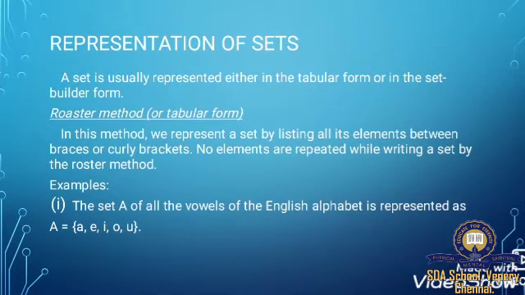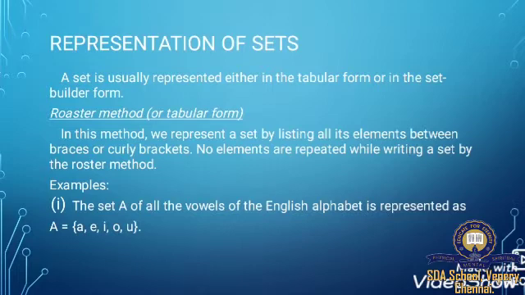Next, we move on to the representation of sets. A set is usually represented either in the tabular form or in the set builder form. The tabular form is otherwise known as the roster method. In this method, we represent a set by listing all its elements between curly brackets.